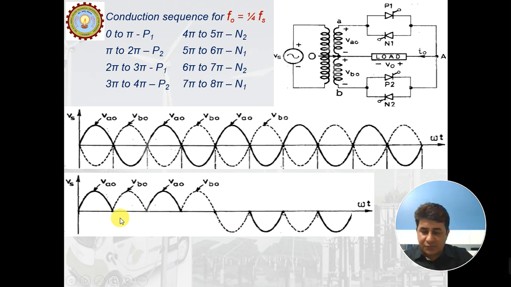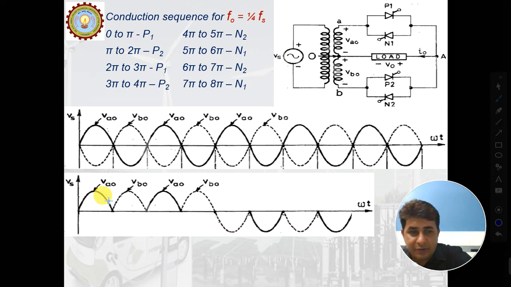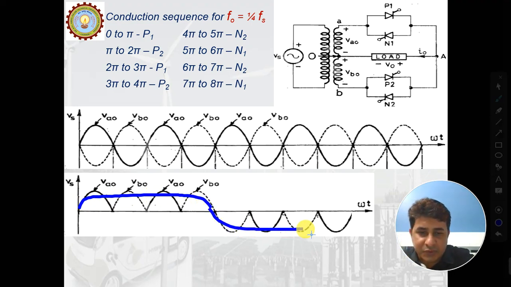So that means for the first 4 cycles I would be getting this positive half, and for the next 4 cycles, this negative half. If you compare these two waveforms, this is the supply side and this is the output side.